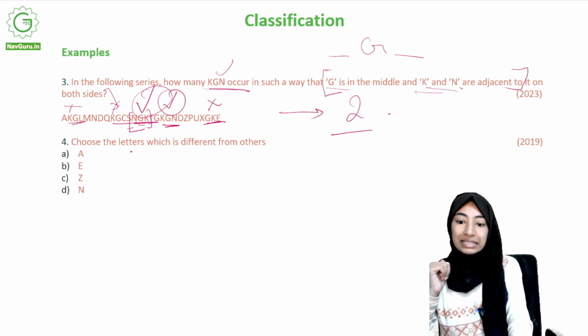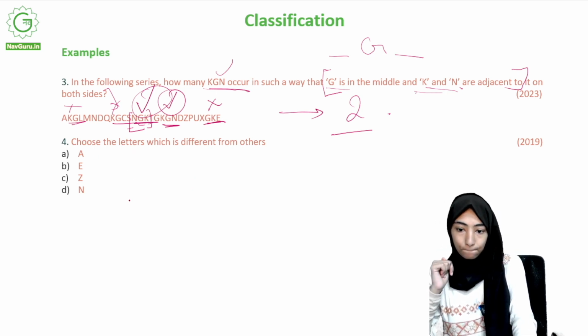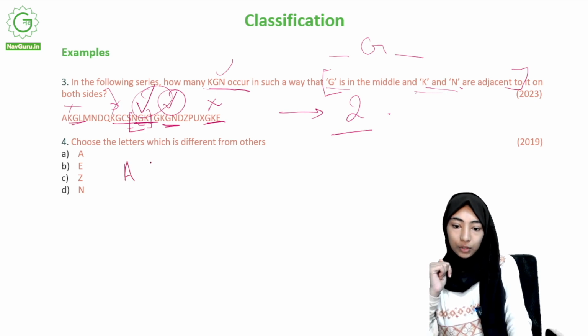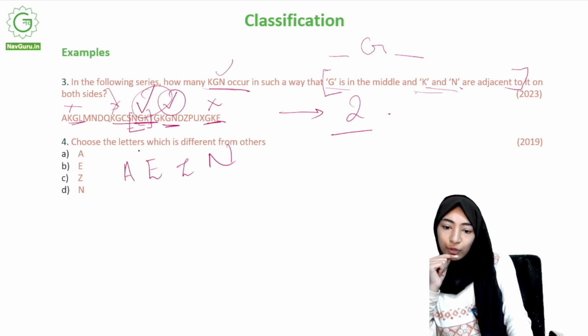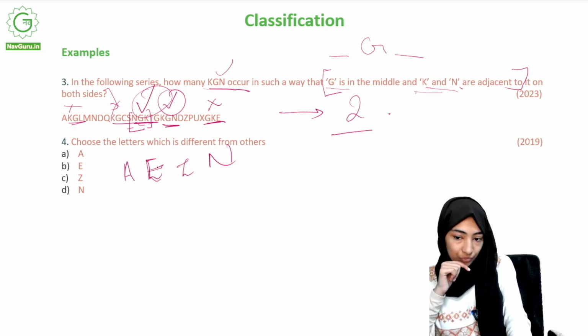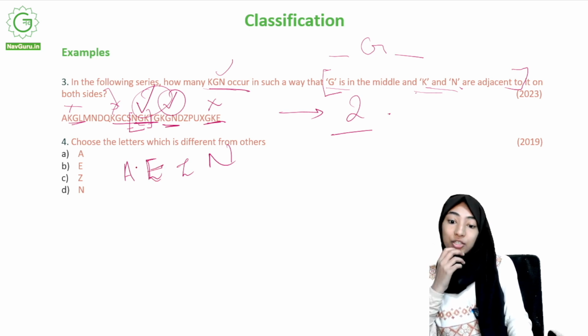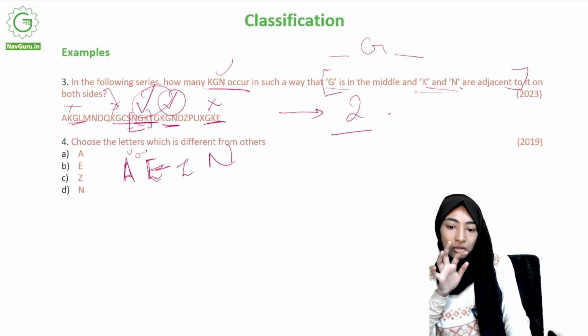Choose the letters which is different from others. You have A, you have E, you have Z, you have N. Okay, so the thing is, if you look at vowels, E is the only vowel in this case. In that case, no, wait, that does not work because both A and E are vowels, right? So the vowel case does not work.